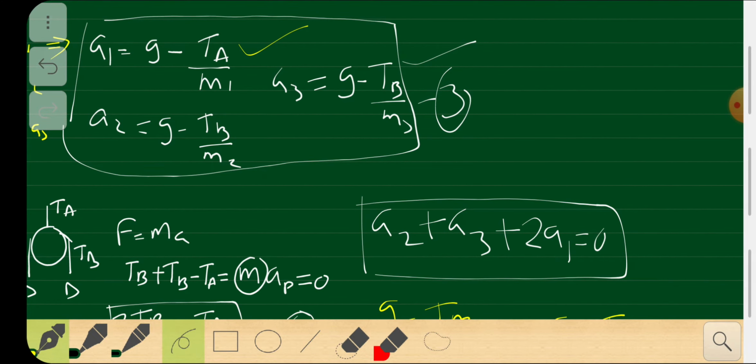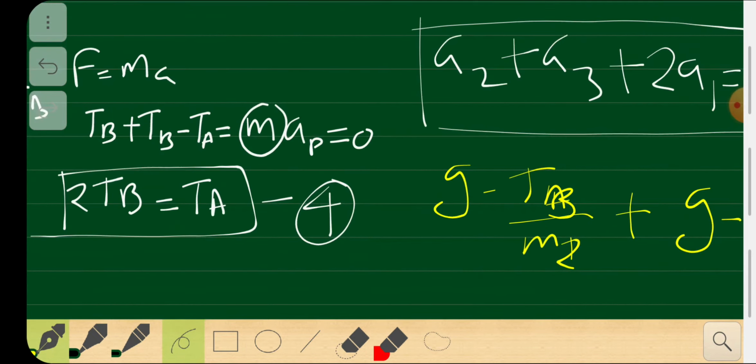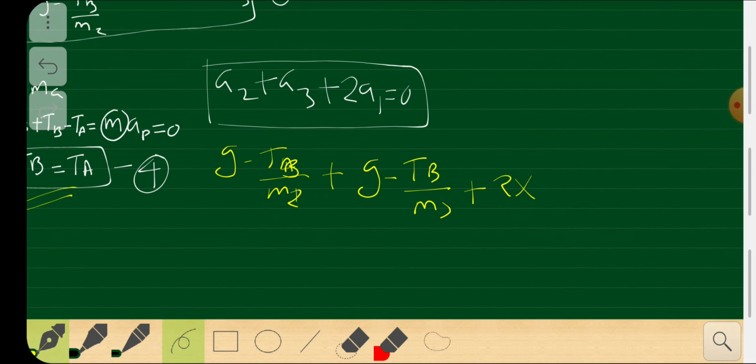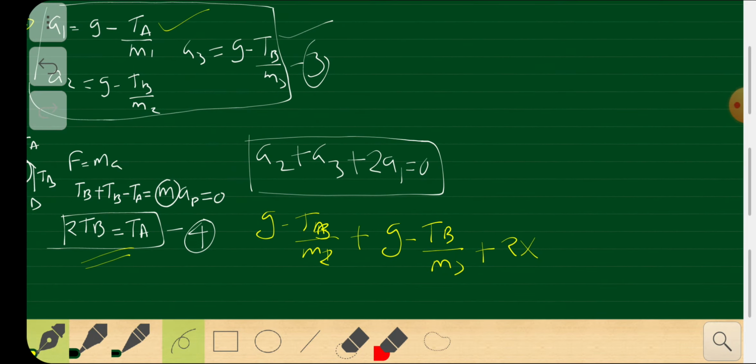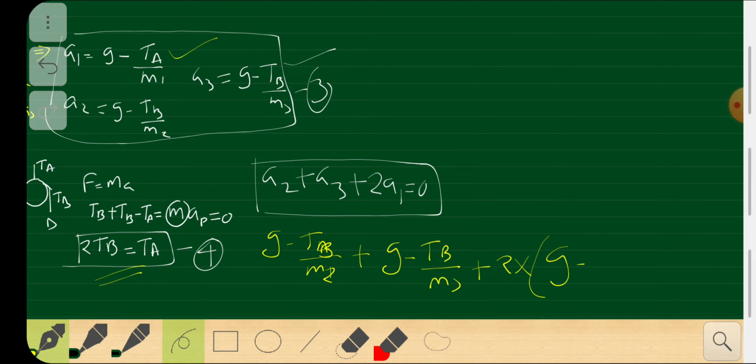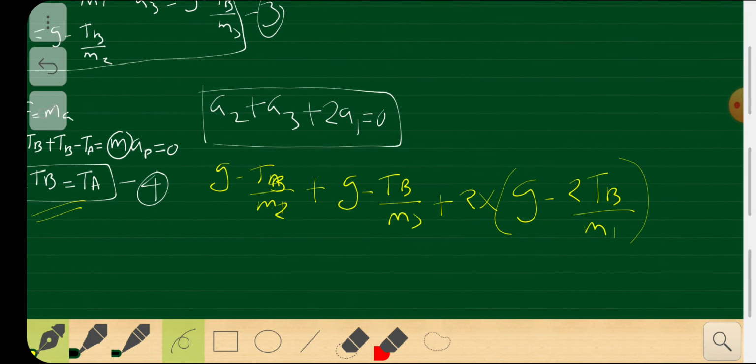We got that ta is equal to 2tb, so I'm going to substitute that here. So you get 2 times (g minus 2 times tb by m1), and this must be equal to 0.